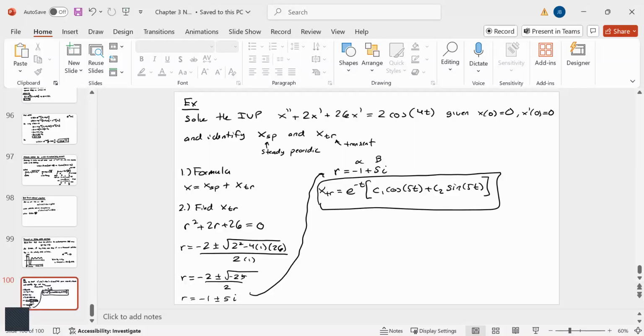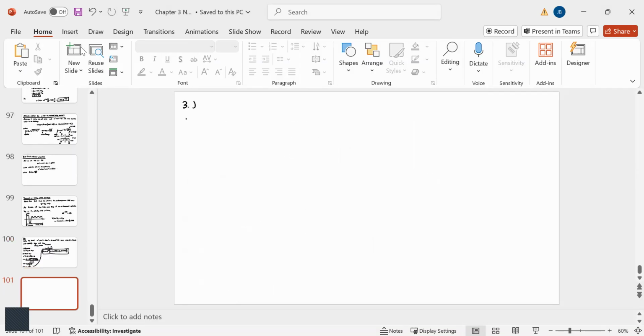Now, we'll go to the next slide and we'll do step 3, which is to pick an XP. So we're going to pick a particular solution. So we have cosine.